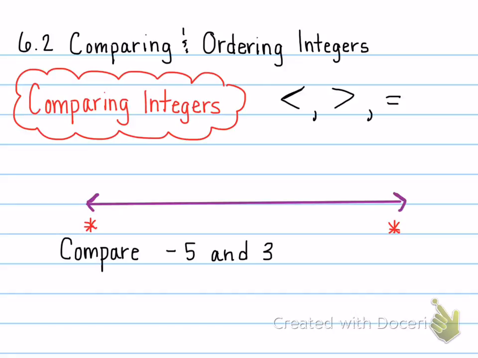So I could put 0 right in the middle, knowing that I have to get at least to 3 on the positive side, and to -5 on the negative side.